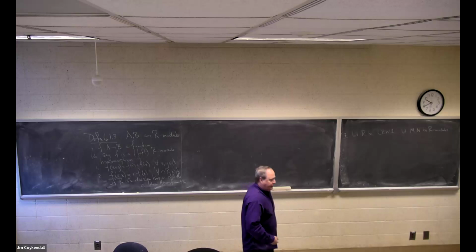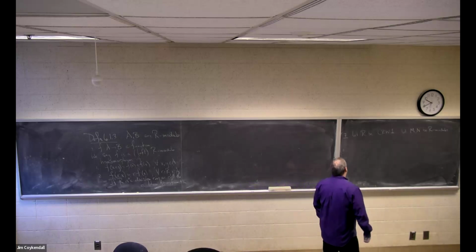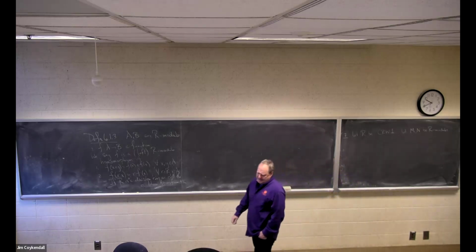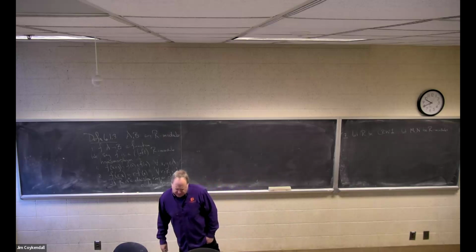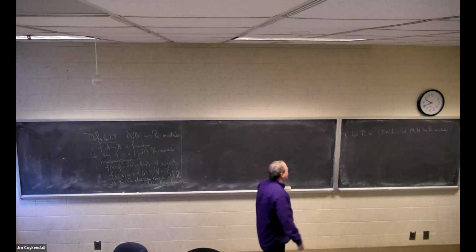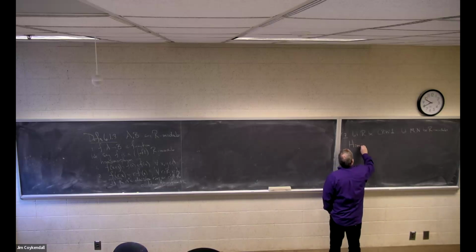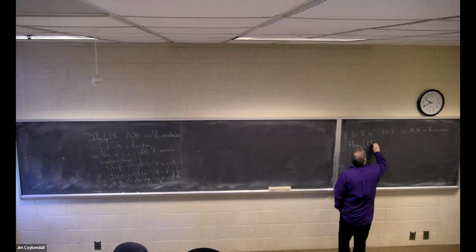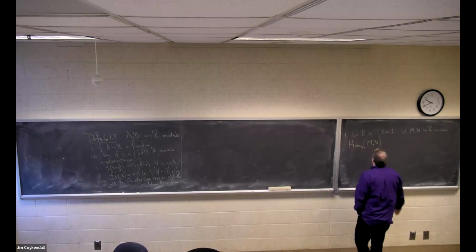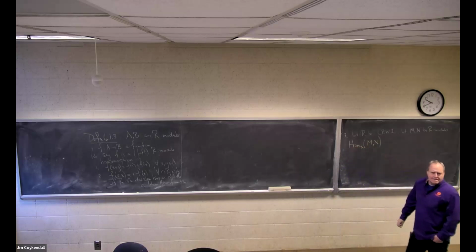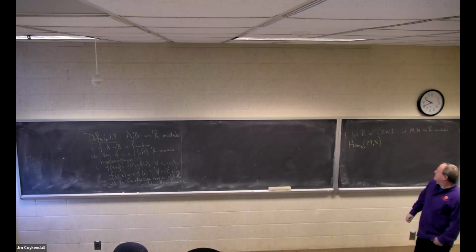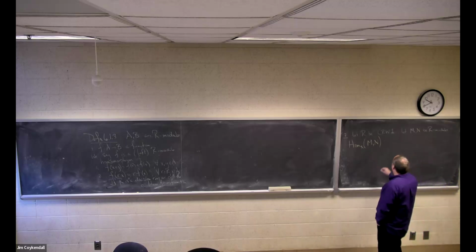Let's go back to example 7. That's how I told you this is. We're going to talk about this more extensively later, but we define Hom, that just means homomorphisms. What is this anyway?